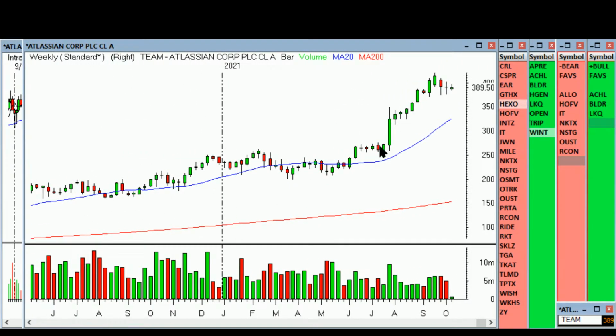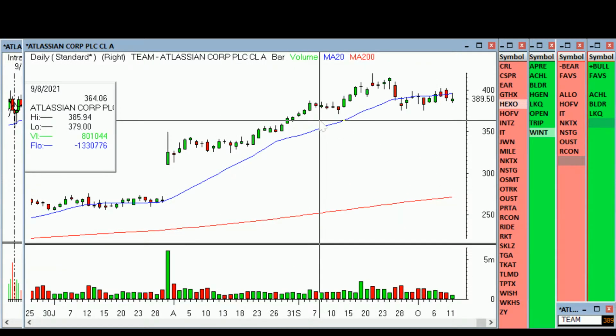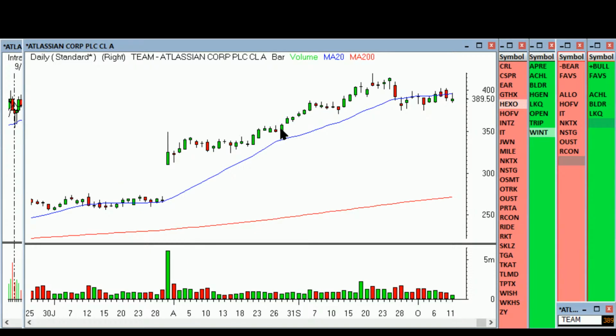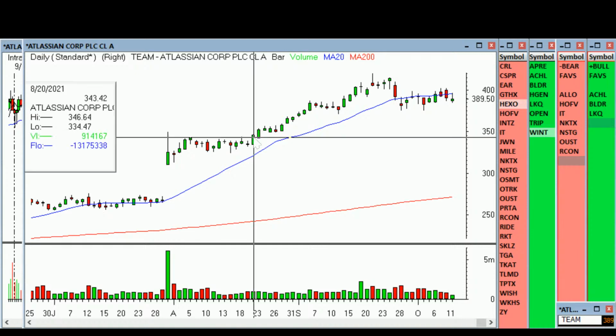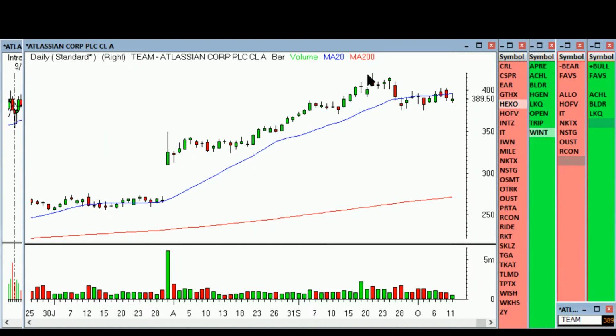We played this swing and then trailed out right here, I think. We played it as an earnings play. This was an earnings gap, at the beginning of last quarter, one of the first few. Then we played it long as a swing and trailed out here, and then it went way up. Now it's starting to weaken, but I just don't think it's ready enough.